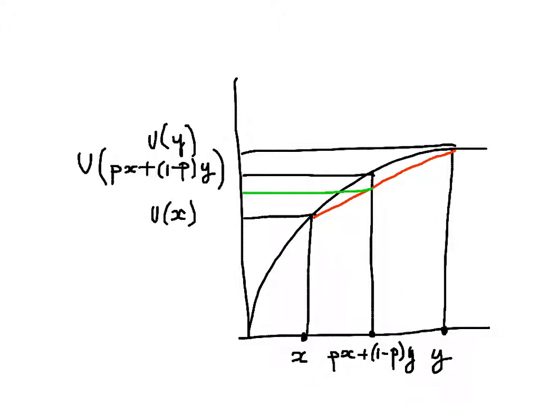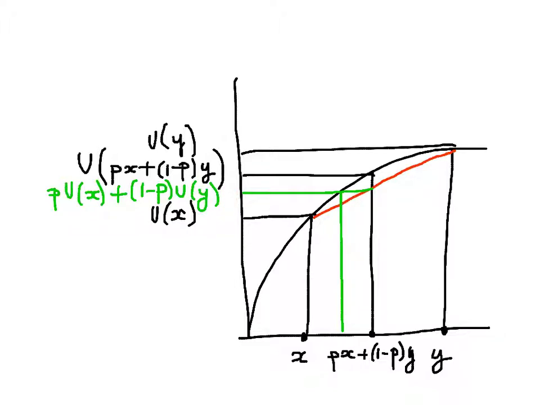This is the utility of the gamble, so it's simply a function of u of x and u of y appropriately weighted by probabilities. What is the amount of money down here which gives me this utility level? Well, it's going to be found right here. So this is the amount. This is called the certainty equivalent. The amount of money which gives me the same utility level as the gamble, right here.